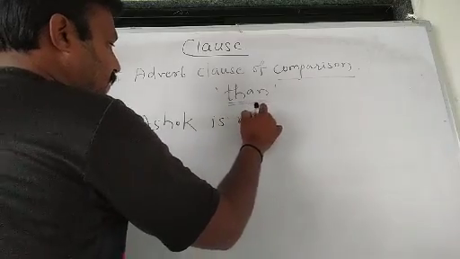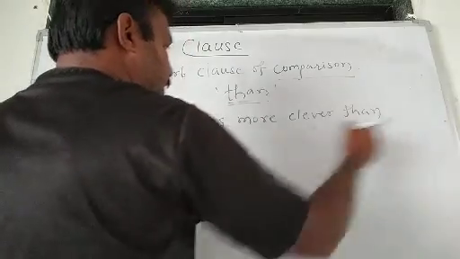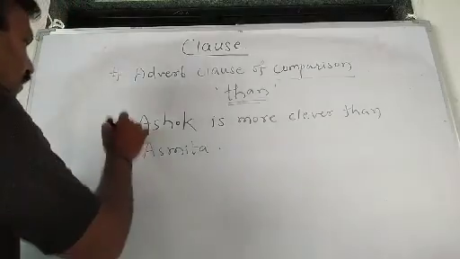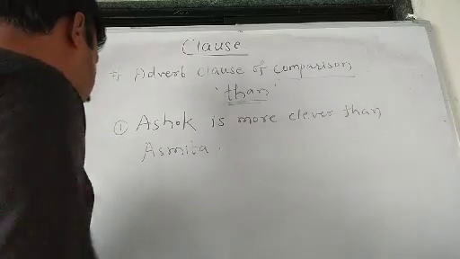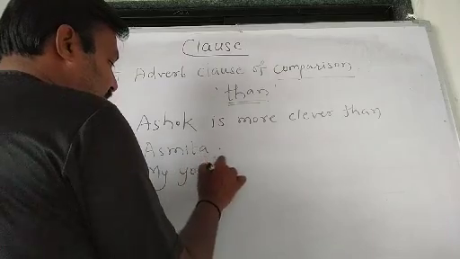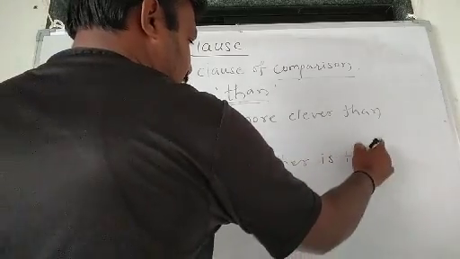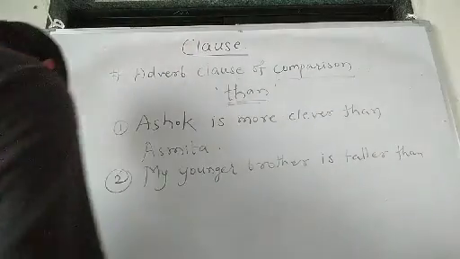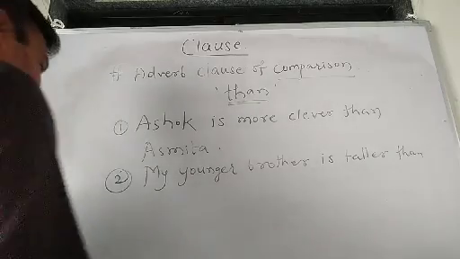Ashok is more clever than Asmita. One more example. My younger brother is taller than I am.